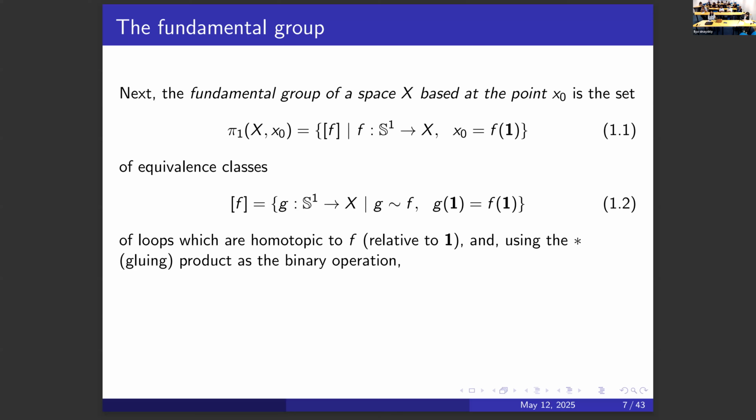But I like this definition where you look at S1, you take a function that goes from S1 to X that is fixed at some point. This point doesn't really matter where it is, it's a circle, but the point is that you fix that and you look for the equivalence classes of all loops that you can get that will be fixed at a certain point and then can be continuously deformed into one another.